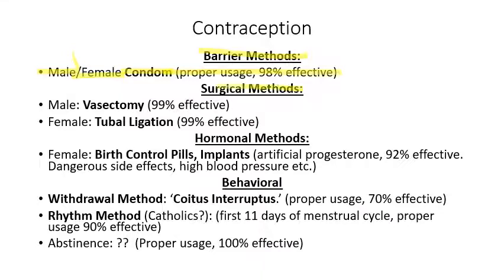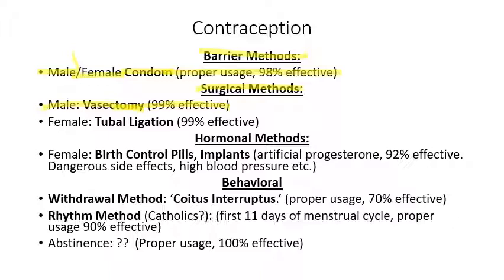Okay, next we have surgical methods. So you already heard about the vasectomy, which is where the male gets his two vas deferens cut, so the sperm can't even get to the penis. That's 99% effective. The only time it's not effective is if the surgeon makes a mistake and fails to connect or tie the vas deferens tube shut.